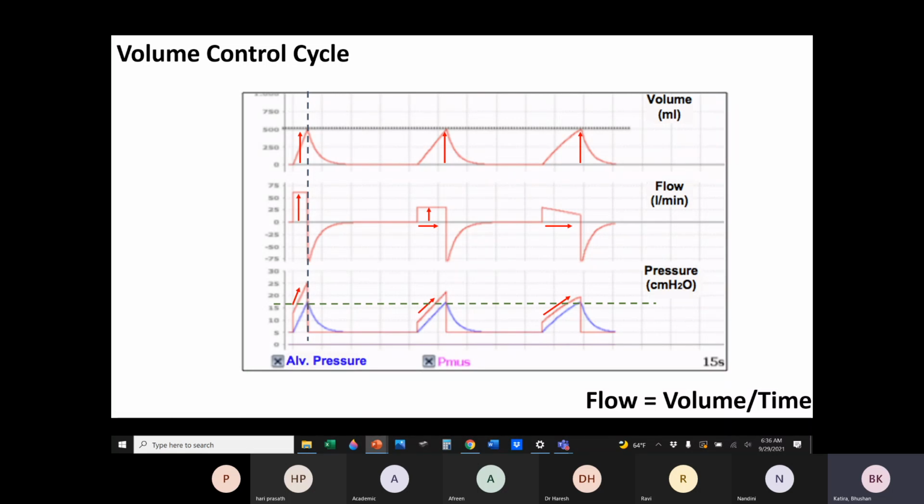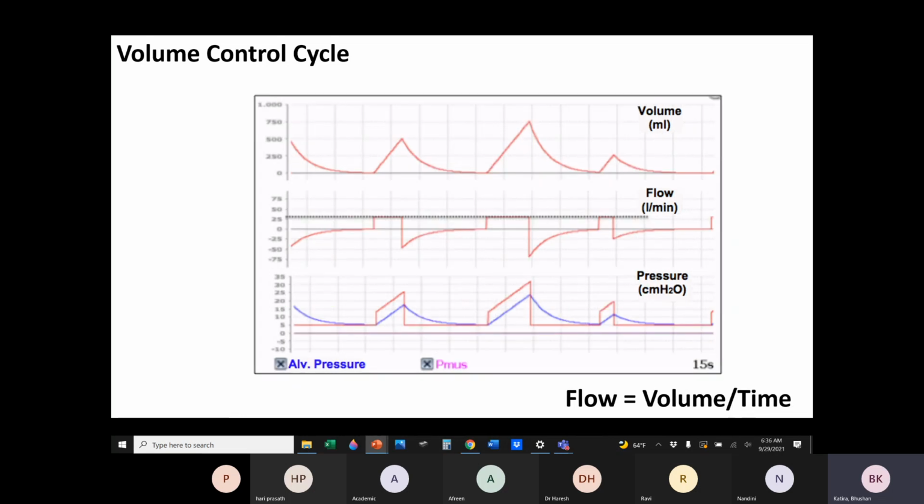This difference is the resistive pressure. We'll come to that in the equation of motion, but just in this slide, note that the lower the flow in volume control, the closer the peak airway pressure is to the alveolar pressure. Okay, this is an important thing to remember in this slide.